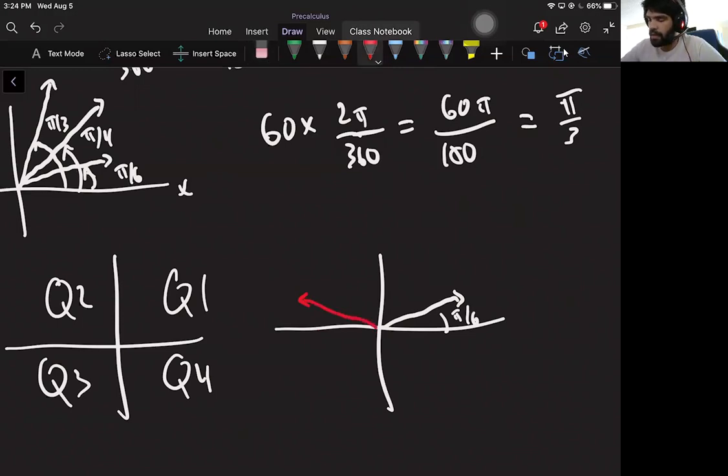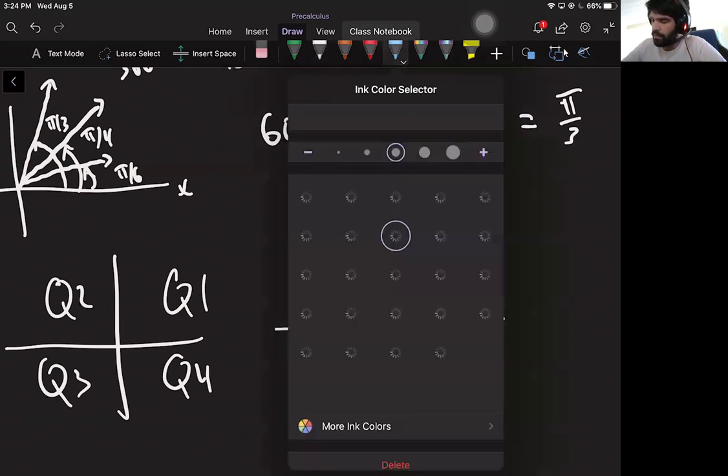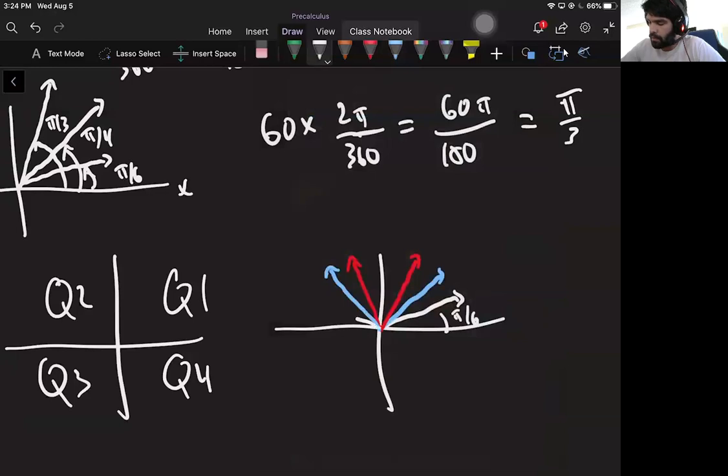But the main point is that these 3 angles that we just figured out, 30, 45, and 60, are all going to have corresponding guys in the other quadrants. Like that. And then also here and here. So all the white ones there correspond to 30 degrees, aka pi over 6.